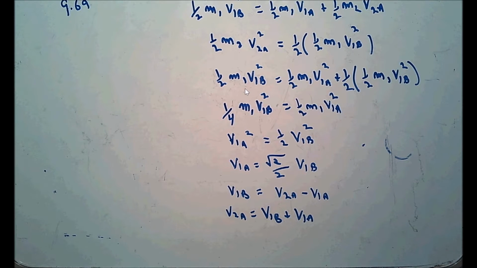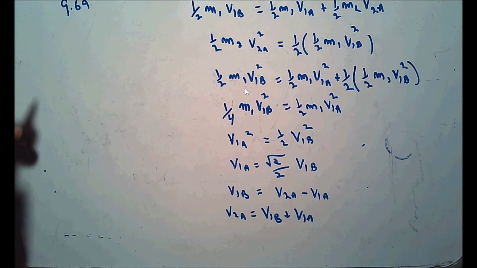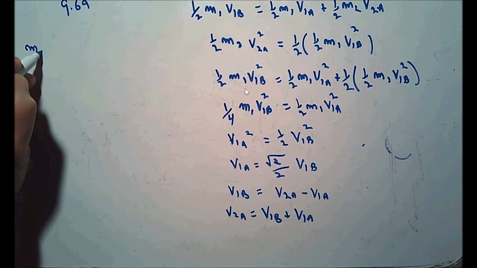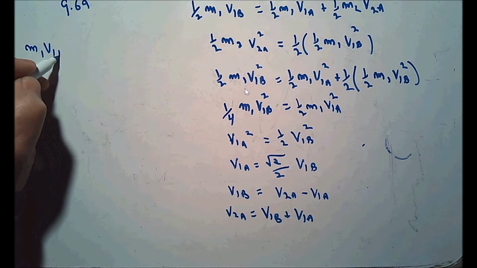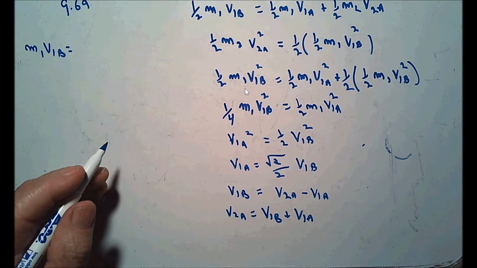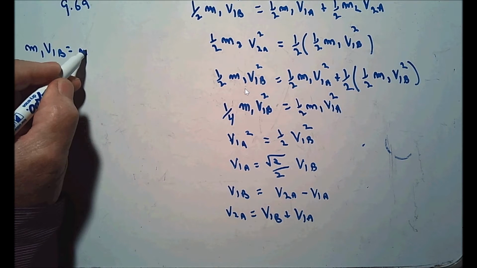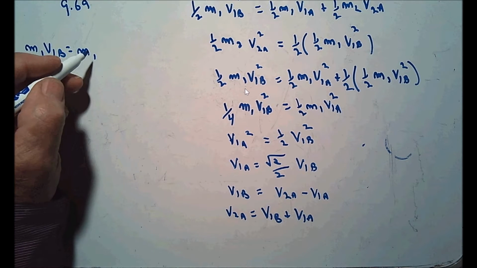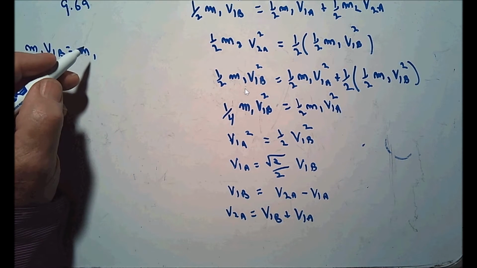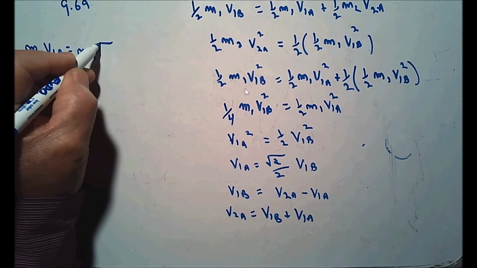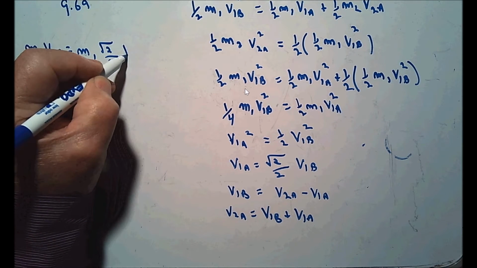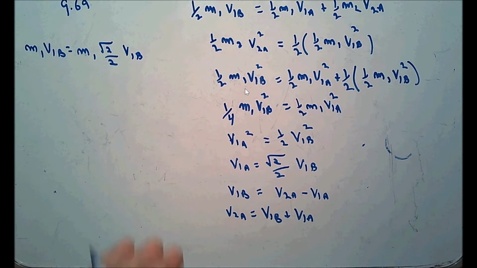I can go back to my original conservation equation, which says that M1 V1 before equals M1 times V1 after, but we've already found that V1 after is the square root of 2 over 2 times V1 before.